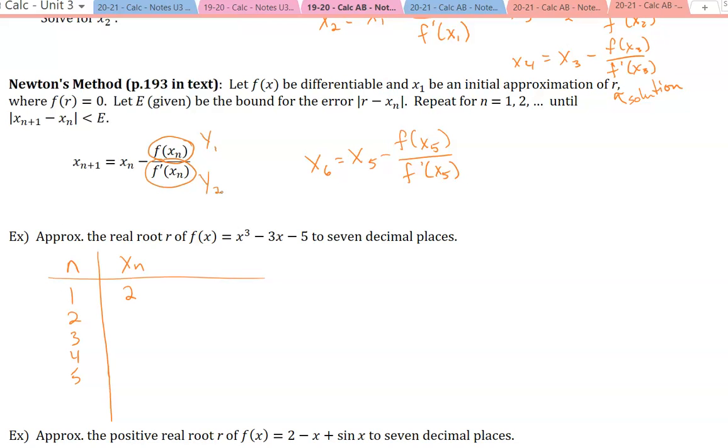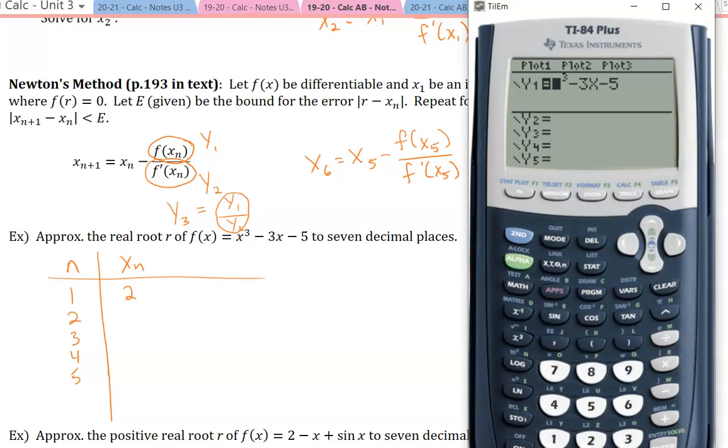And actually, we're going to go one step further, and we're going to let y sub 3 equal y1 over y2, okay? So y3 is actually going to be this fraction right here, so that when we want to find the new x-intercept, all we have to do is the previous x value minus y3 of that x value, okay?